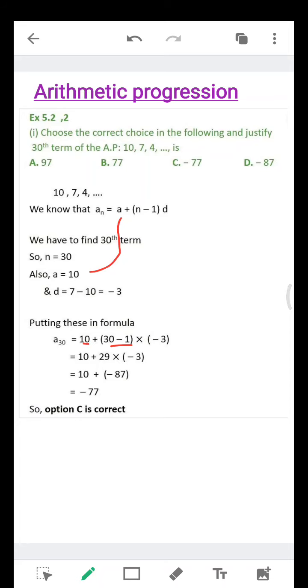So we'll put all the values and multiply, and we get a30 as minus 77. So what is the correct option in this? The correct option is option C. If you get an MCQ question in the exam, you must solve it and take the correct answer.